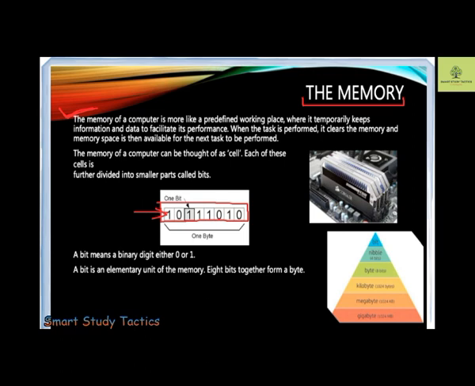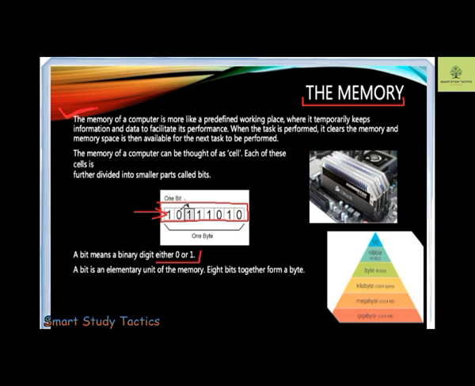Here you can see the memory of a computer can be thought of as a cell. A bit means a binary digit, either 0 or 1. A bit is an elementary unit of memory. 8 digits together form a byte.